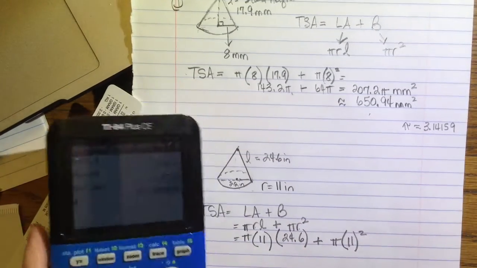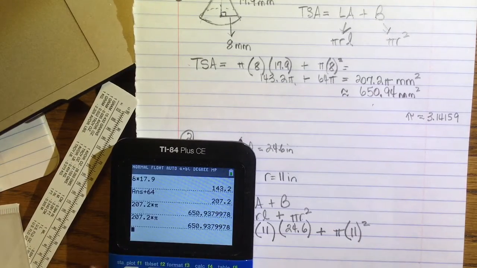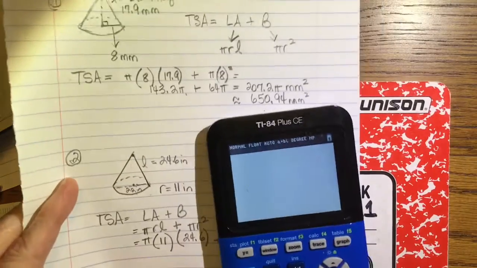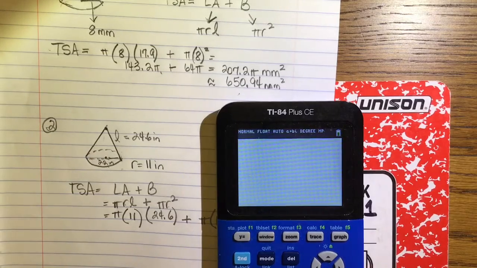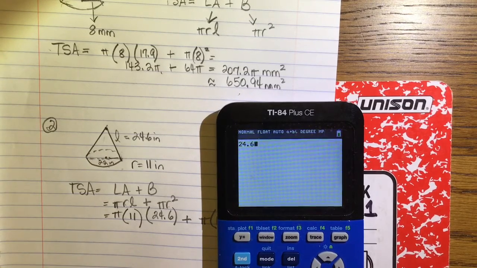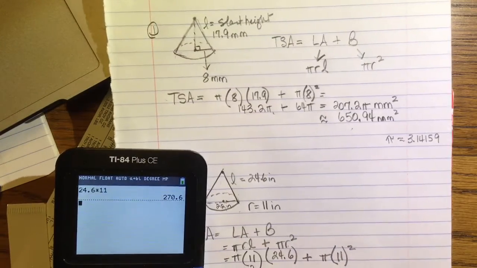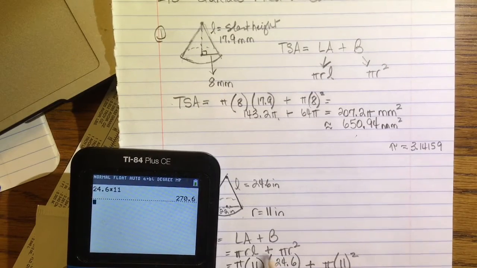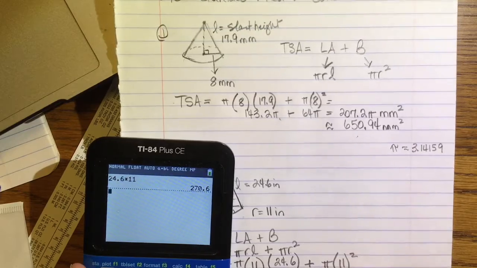Now, again, I'm just going to do this with the pi left in. That's just the better way to do these. It's more accurate. That's the way you're going to want to do it when you get your graphing calculator. So you'll have 24.6 times 11, which gives me 270.6 pi for the lateral area, and then 11 squared pi is 121 pi.